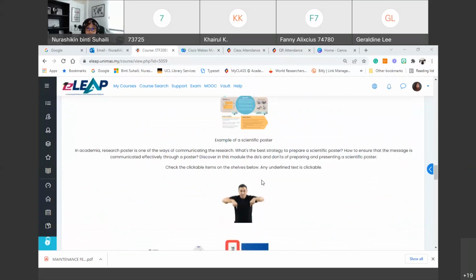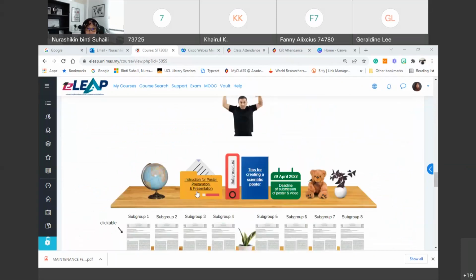So the information is here. The subgroup list is what you're going to refer to for all the group-based assessments, which are the poster, the proposal preparation, and also the proposal presentation.